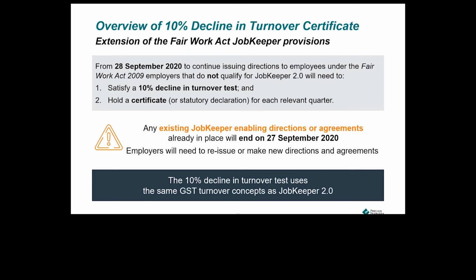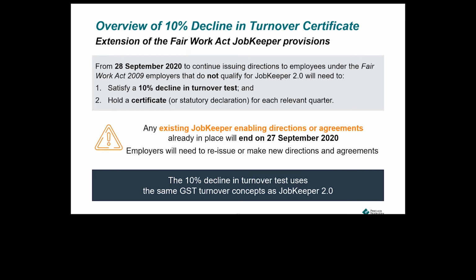And what has been implemented as part of the Fair Work Act now is a requirement for employers that wish to either continue issuing those directions or start issuing them for the first time, to hold what is referred to as a 10% decline in turnover certificate.